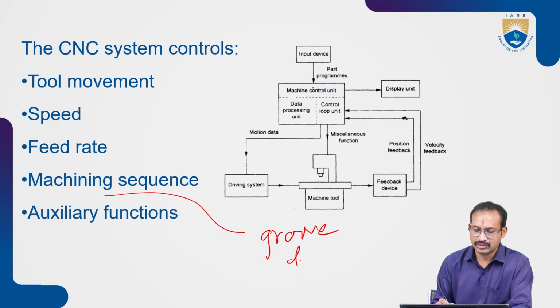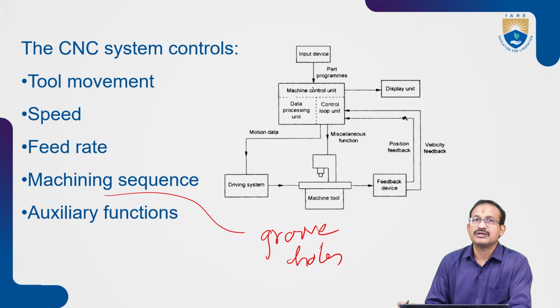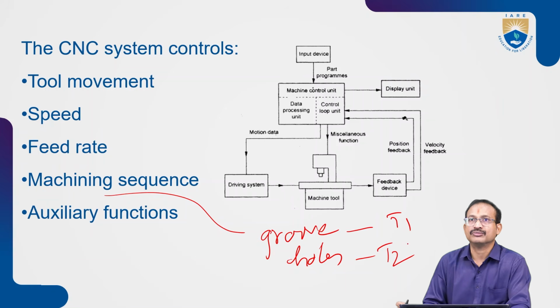We cannot perform grooves and holes with a single tool. Based on the machining sequence, we have to arrange the tools in the tool drum and write the program accordingly: first for the groove it takes T1, for holes it takes T2.